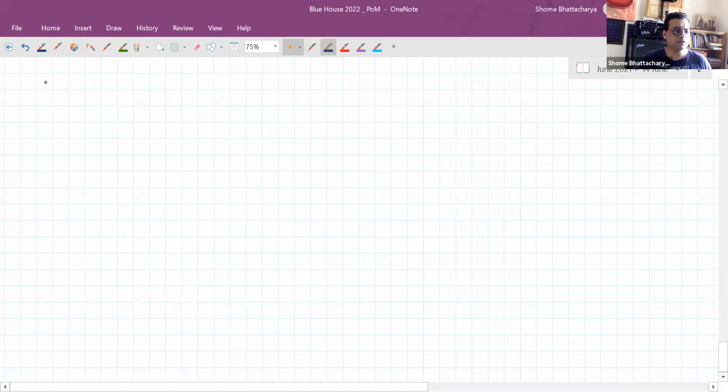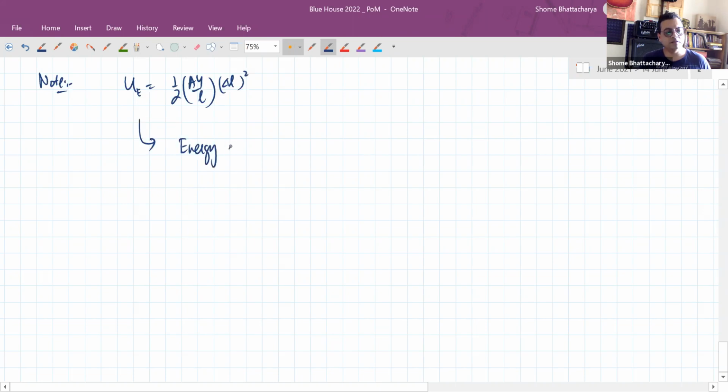From this formula of the elastic potential energy, you can also generate another formula for something called energy density, that is the potential energy per unit volume.